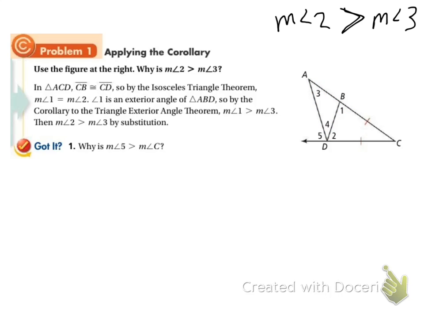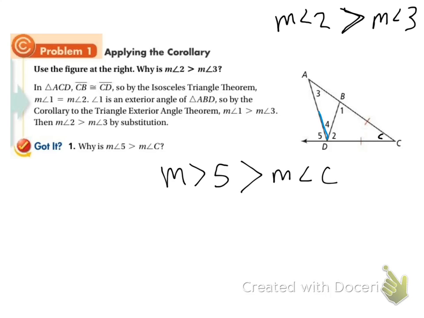And let's try our got it problem. So our got it problem wants to know why is the measure of angle 5 greater than the measure of angle C. Whoops, not 6, C. So angle C is down there. I need to get angle 5 as an exterior angle, and I need to get angle C as an interior angle.